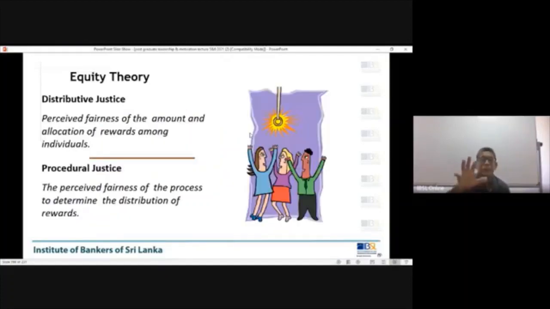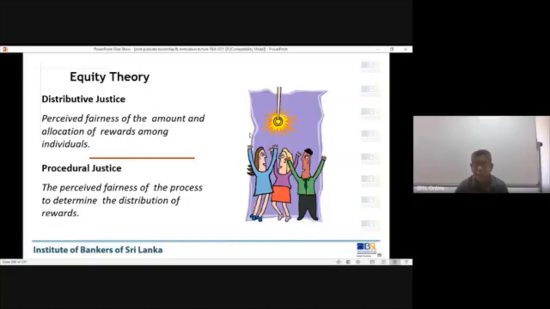Equity theory is a distributive justice. Distributive justice means perceived fairness of the amount and allocation of rewards among individuals, and the perceived fairness of the process used to determine the distribution of reward.